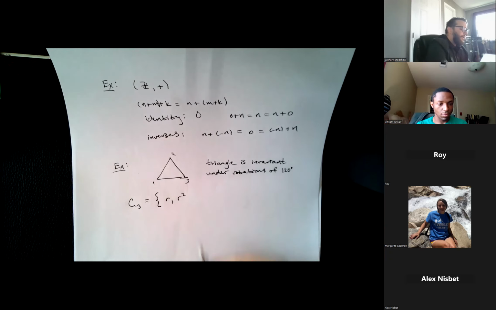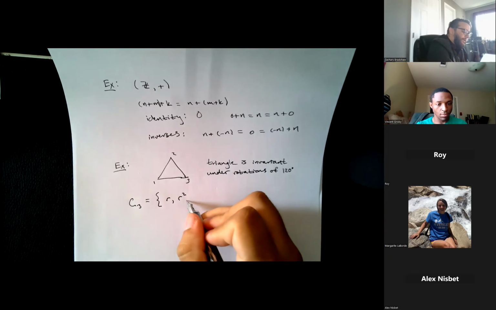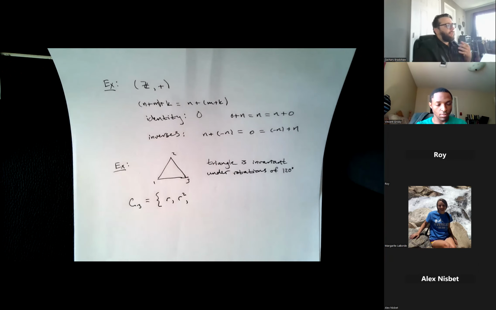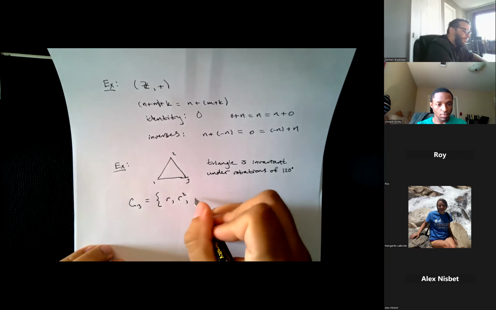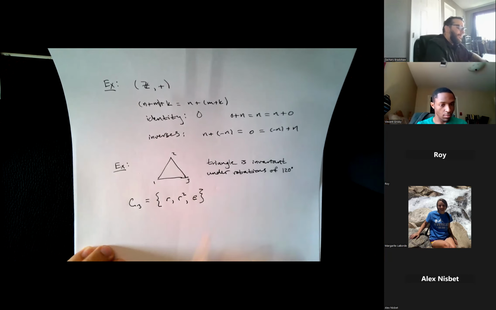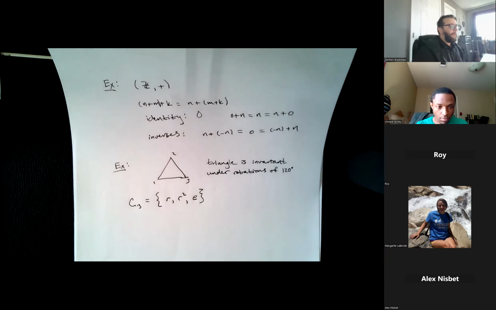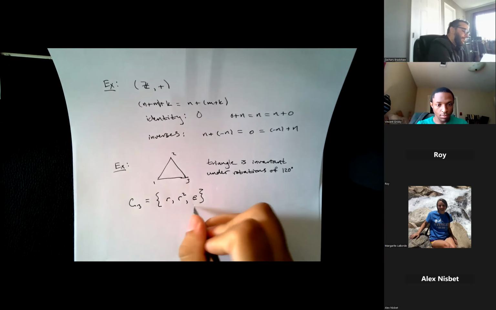And then R squared is just the composition of two rotations, so that's a rotation of 240 degrees. And then R cubed is a rotation of 360 degrees, which is, of course, the same thing as doing nothing. So that's our identity element. We'll call that E. E is the same thing as R cubed.